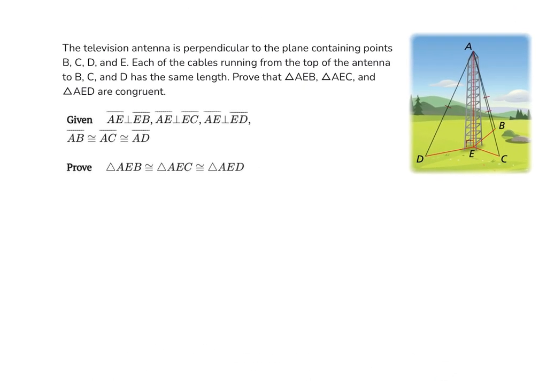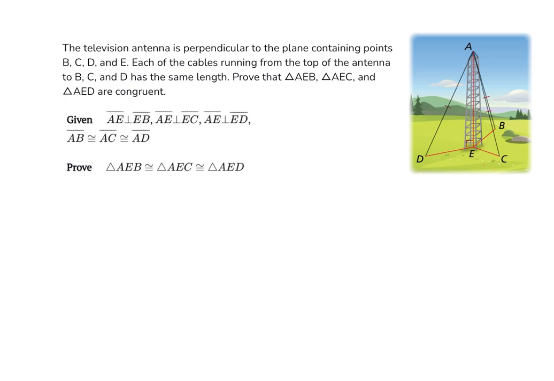The television antenna is perpendicular to the plane containing points B, C, D, and E. Each of the cables running from the top of the antenna has the same length. Prove that triangles AEB, AEC, and AED are congruent, okay?